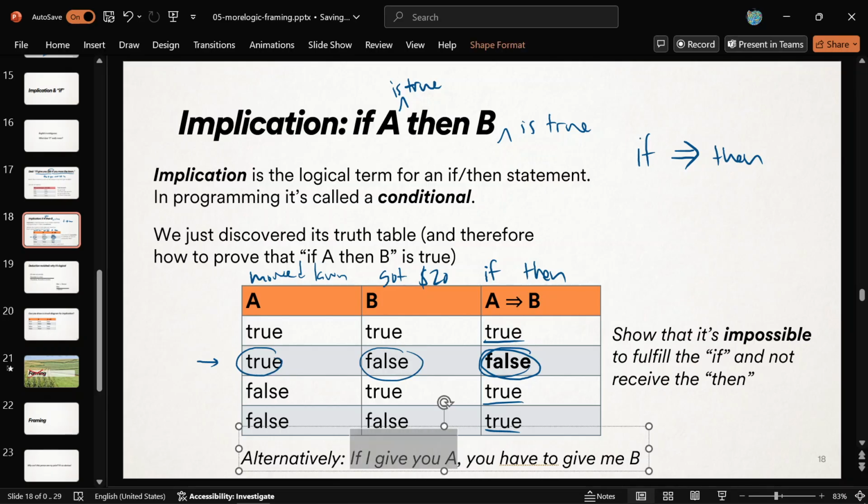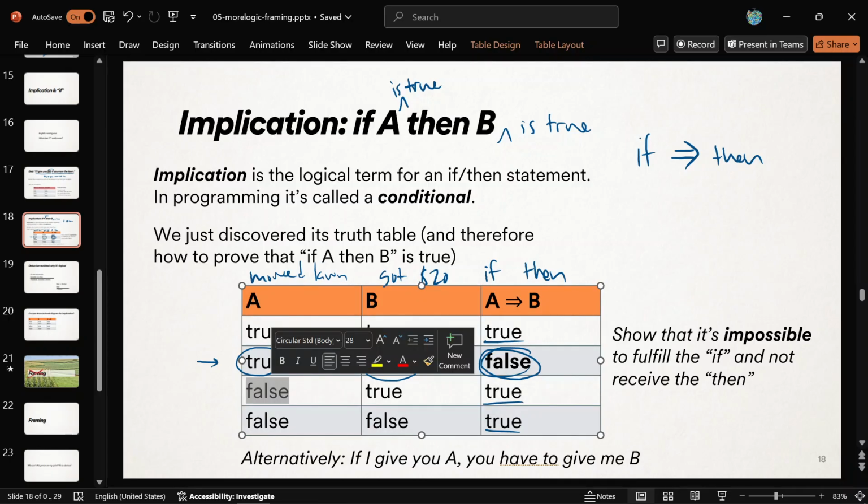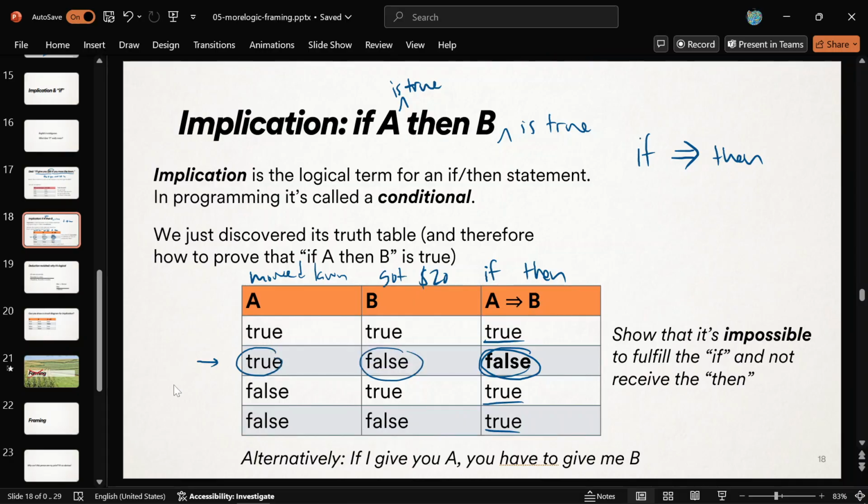Another way to think of it is, if you give me A, then I must give you B. That also scratches out this part. If I give you A, then you must give me B. Otherwise, you were lying to me. In every other case, these ones down here, we call it vacuously true, because you didn't do your thing anyway. Anything goes at that point. So yeah, that's the idea.